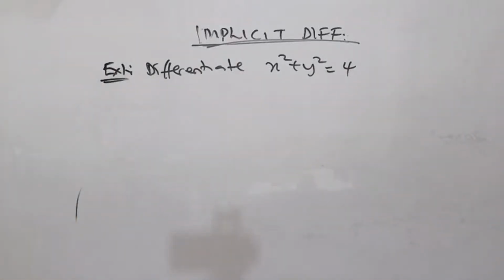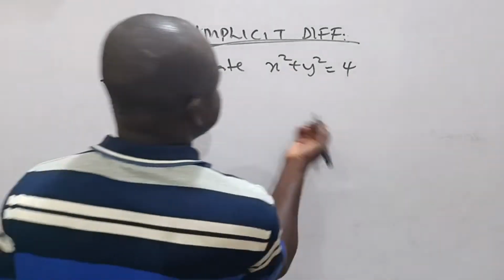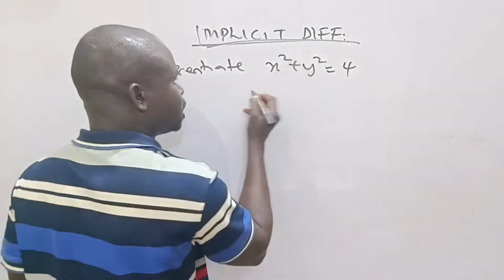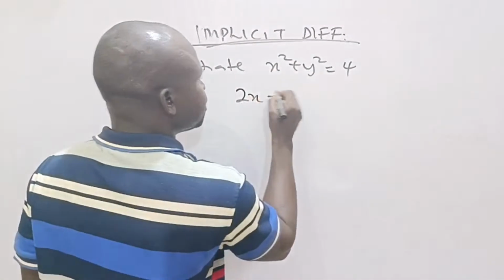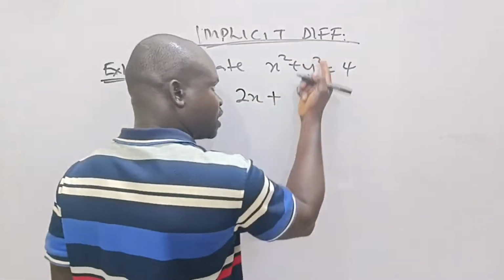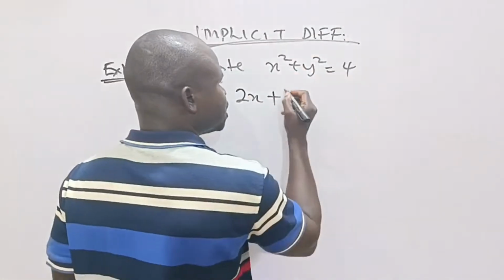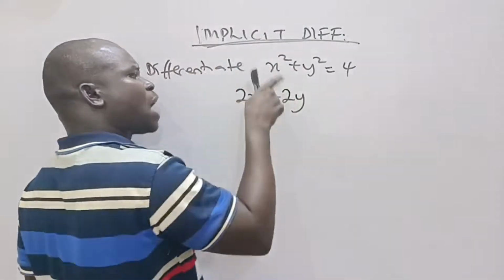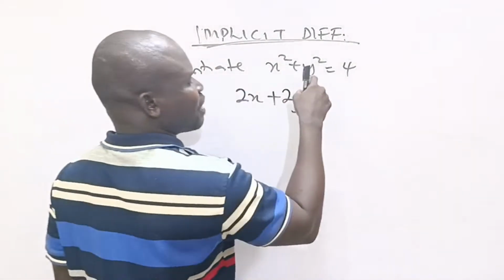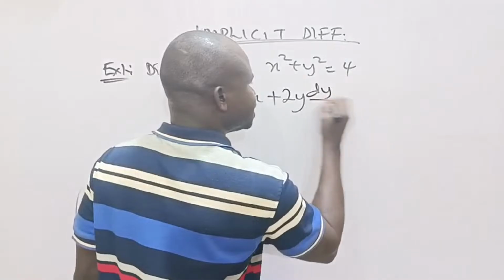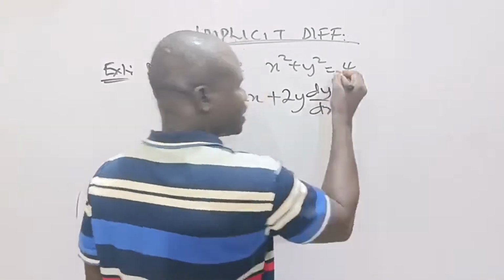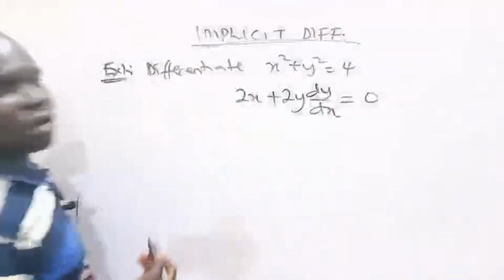This is implicit differentiation. We differentiate x squared, which gives 2x, plus, differentiating y squared, the 2 comes down and we subtract 1, giving 2y. But because y is the dependent variable, whenever we differentiate y, we add dy/dx to it. The differentiation of the constant is 0.